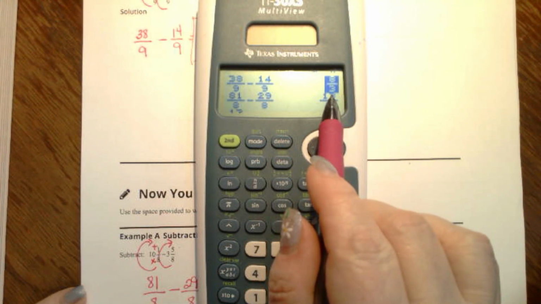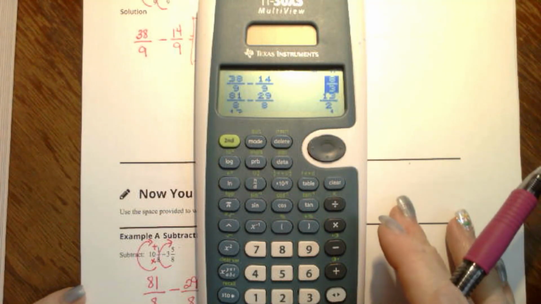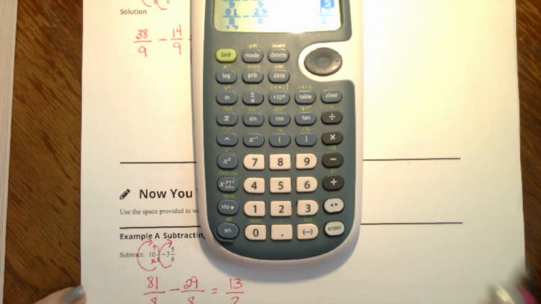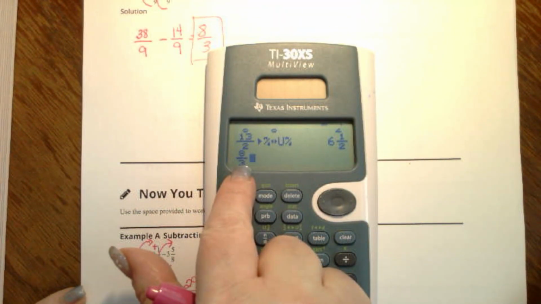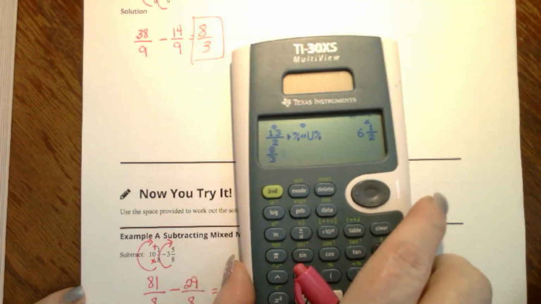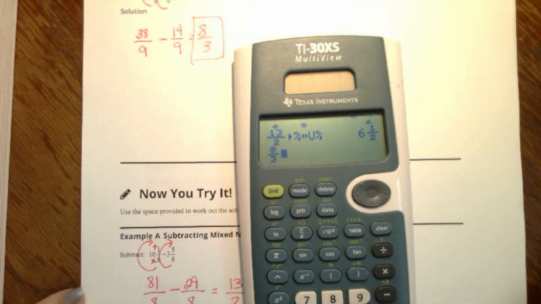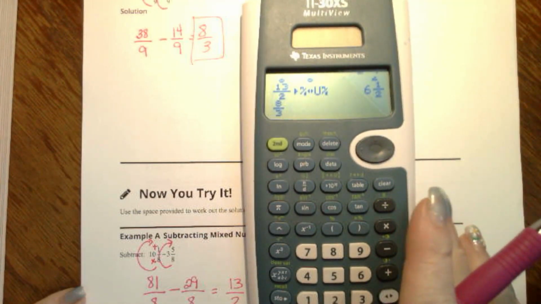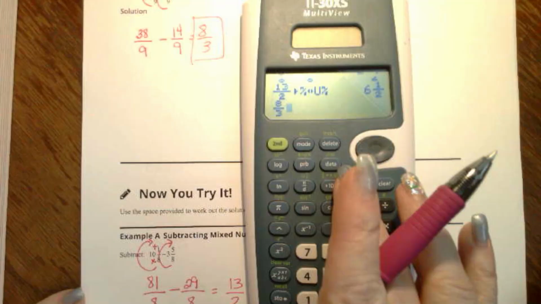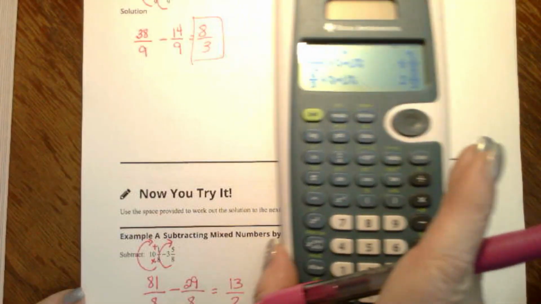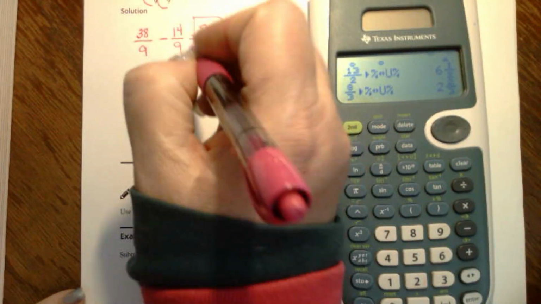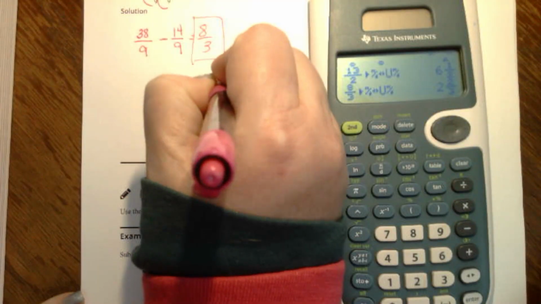Now that the 8 over 3 is highlighted, I can press enter, and it puts the 8 over 3 down here. Just like that. I didn't have to re-put it in. And I can do my second, change it to a mixed number, and press enter, and it'll tell me 2 2/3.